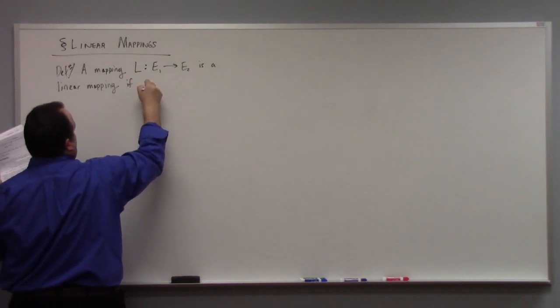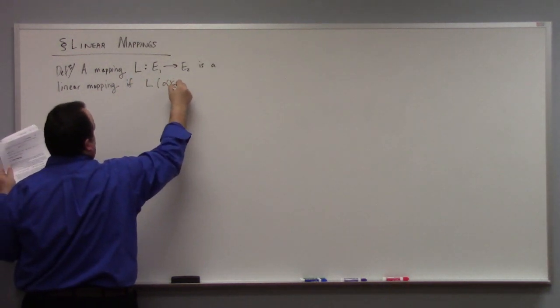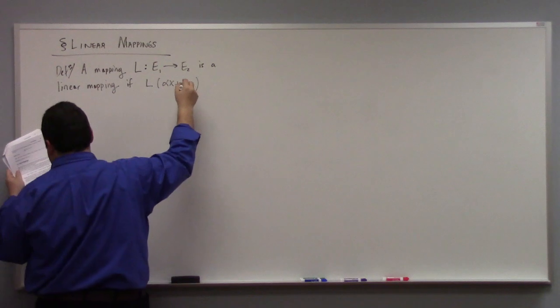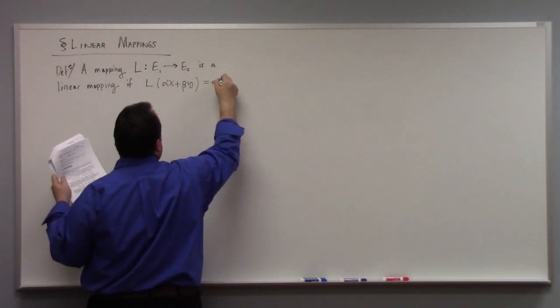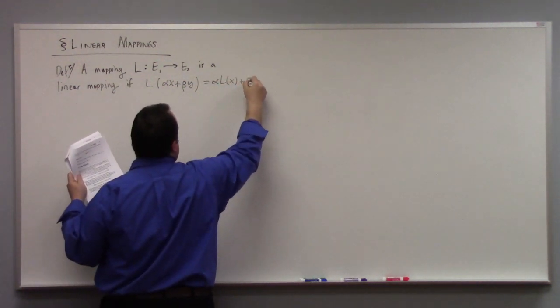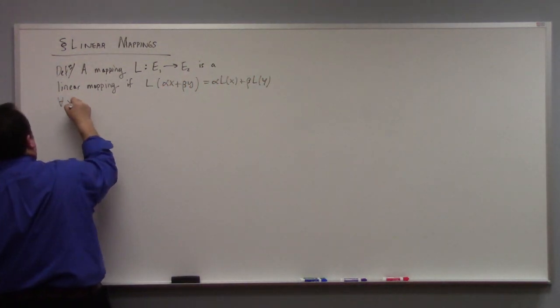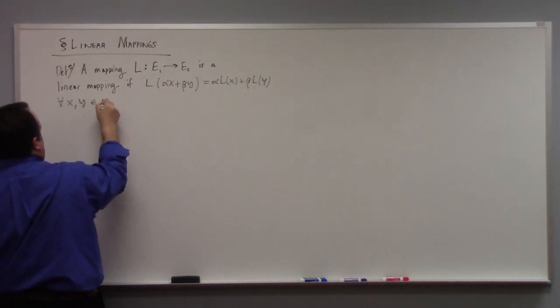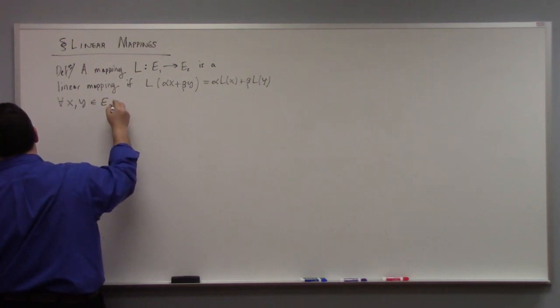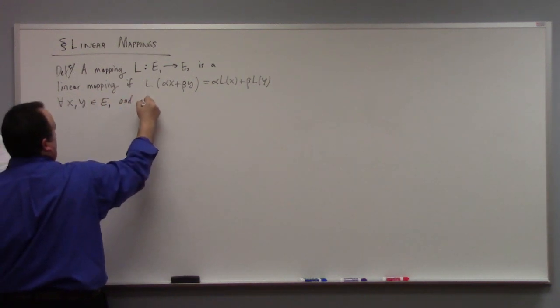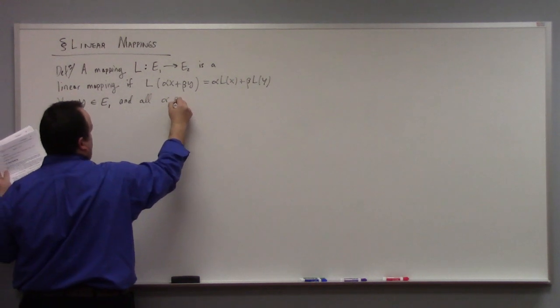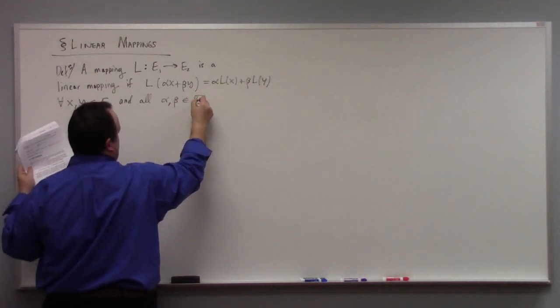If L of alpha x plus beta y is equal to alpha L of x plus beta L of y for all x and y in E1 and all alpha and beta in the field of consideration, right?